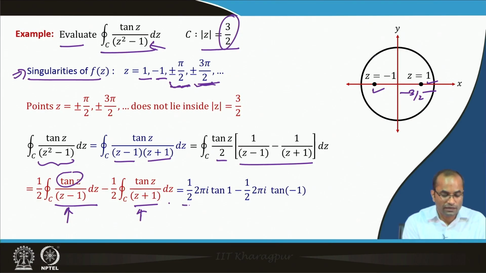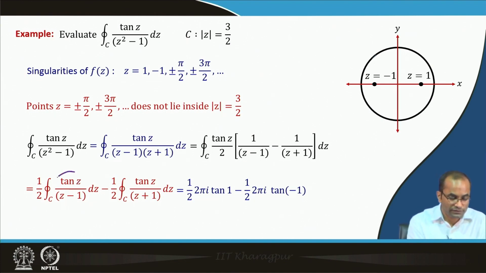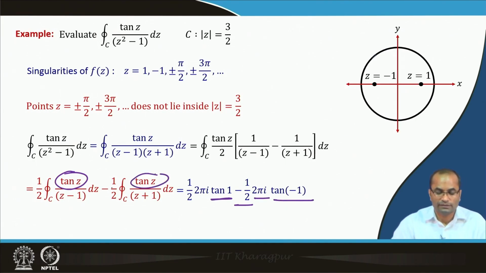So, here we have the half already there, then 2 pi i because of the formula, and tan has to be evaluated at 1. This f(z) has to be evaluated at 1. Similarly, for the second part we have minus half, 2 pi i, and tan evaluated at minus 1.